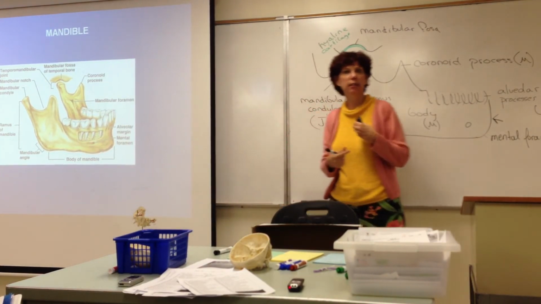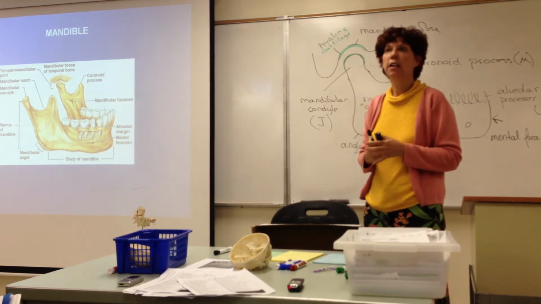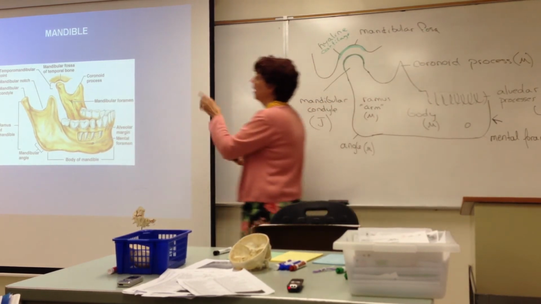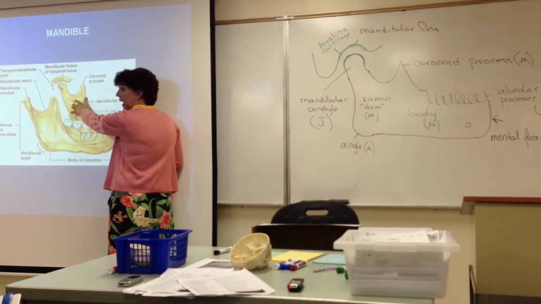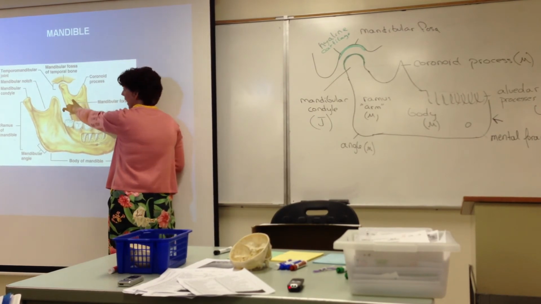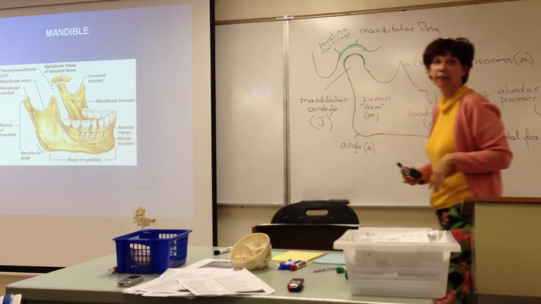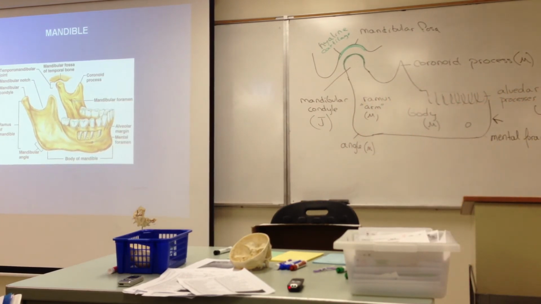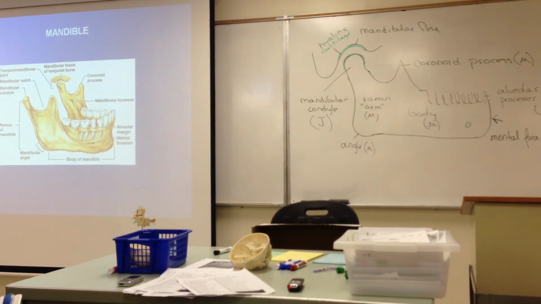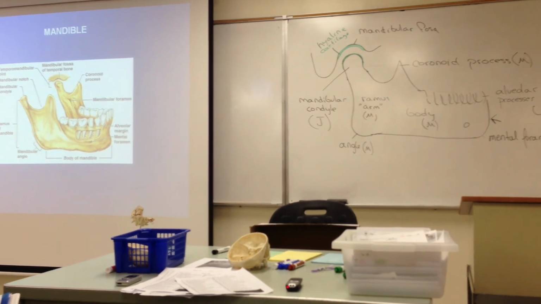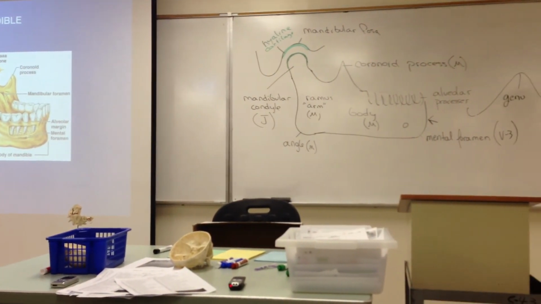So again, if you have dental work done on the lower jaw, your dentist will reach in against your jaw, press to find that bump in the bone, and then that's where the needle is directed for the local anesthetic to take effect on those nerves. And if he or she is a good dentist, they'll use the pressure of their finger so you feel the finger pressure and not the needle stick.